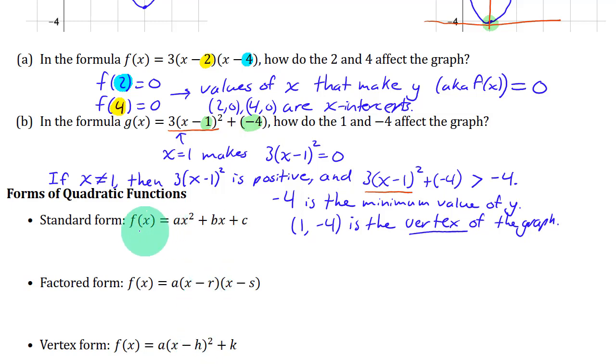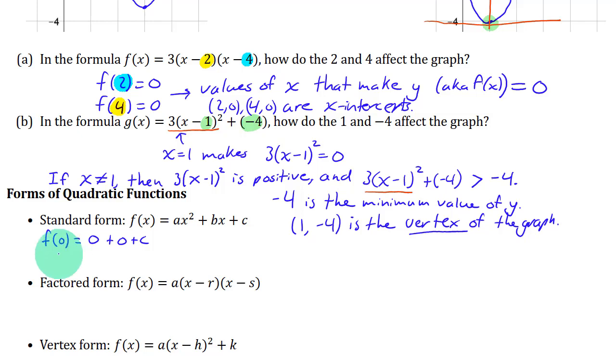If you have something written in standard form like this, ax squared plus bx plus c, what does this tell you about the graph? Just a quick review from 3.1: if you plug in x equals 0, you get a times 0 squared, which is 0, plus b times 0, which is 0, plus c.